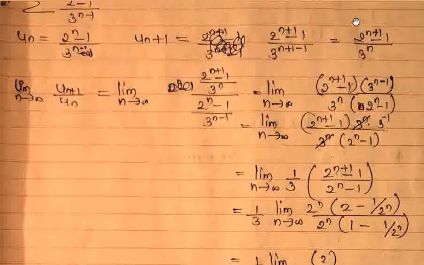Okay, you want this thing here 2n minus 1, 2n minus 1, and you want 3n minus 1. Okay, and you want to multiply that by this thing here, 2n plus 1, 2n plus 1. I don't have space here, so I'm going to write it down, 2n plus 1 and 3n plus 2.